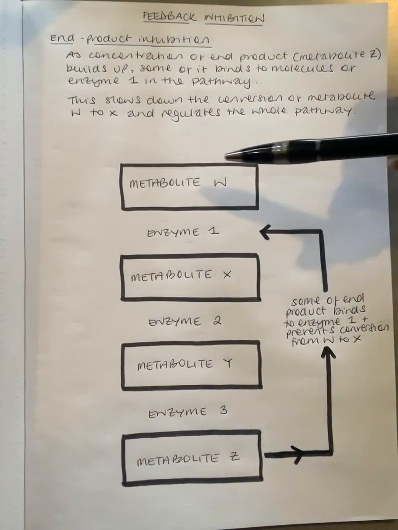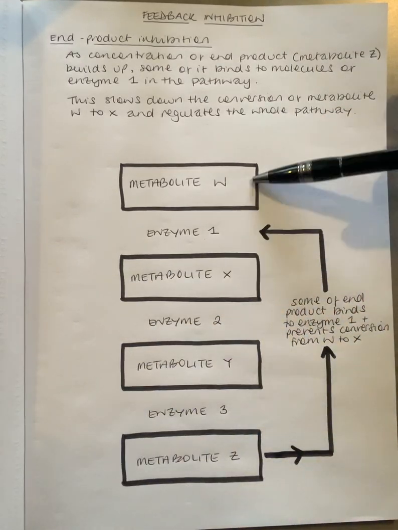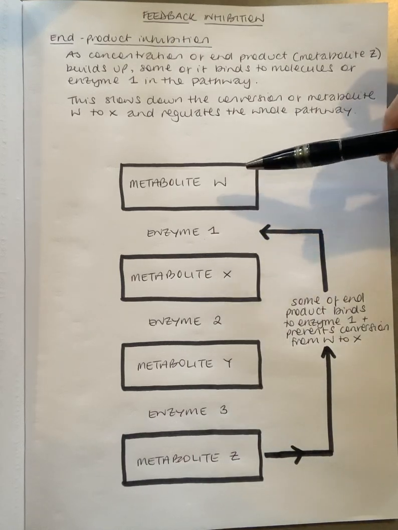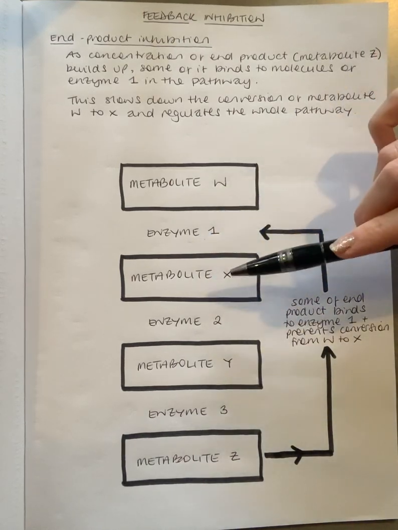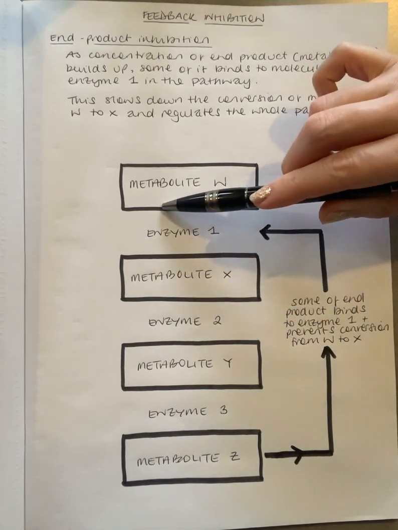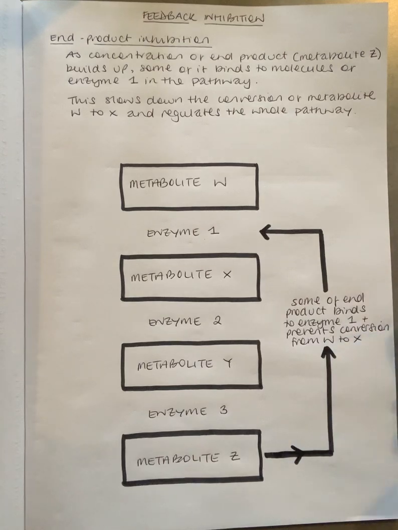So remember we started a series of videos off talking about pathways, okay? And we're talking about the fact that for us to convert metabolite W to metabolite X, we need our enzyme to catalyse this reaction as such, okay?